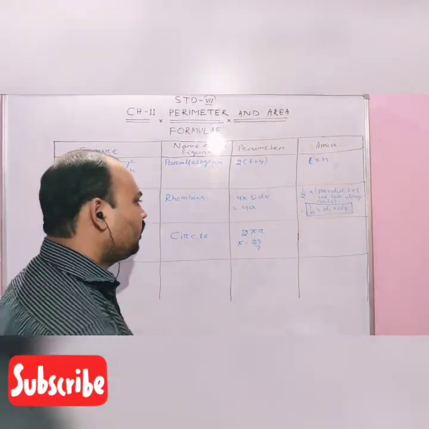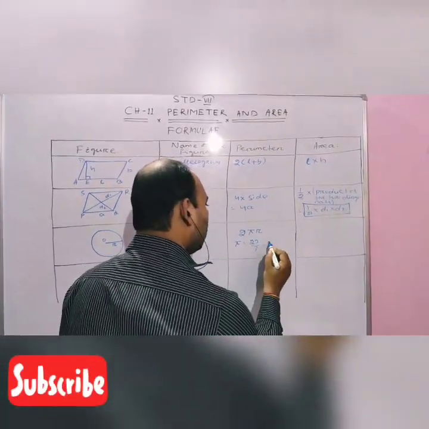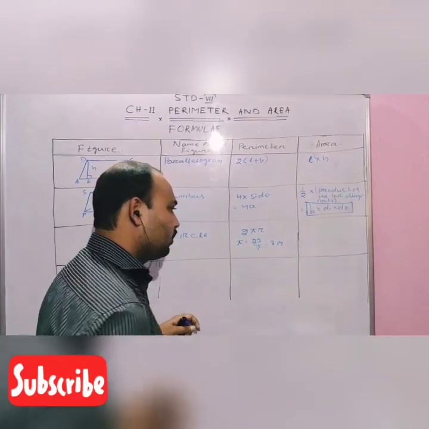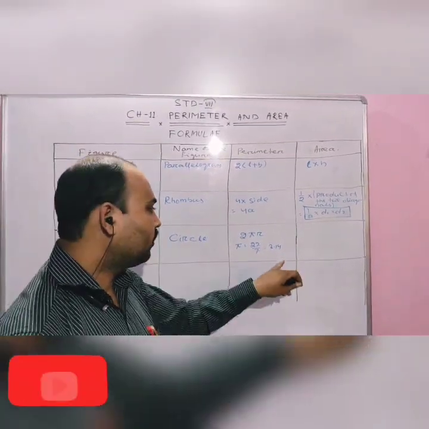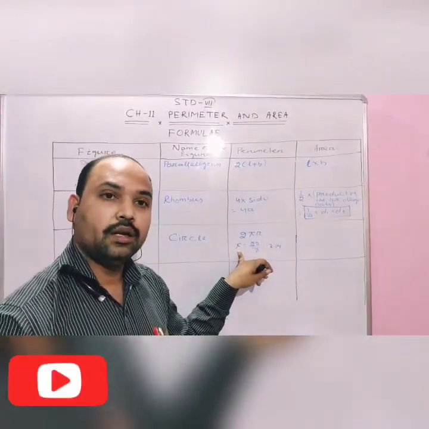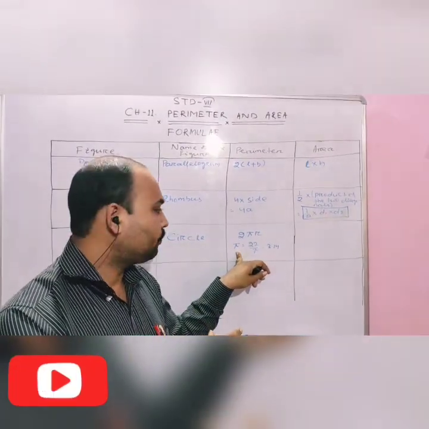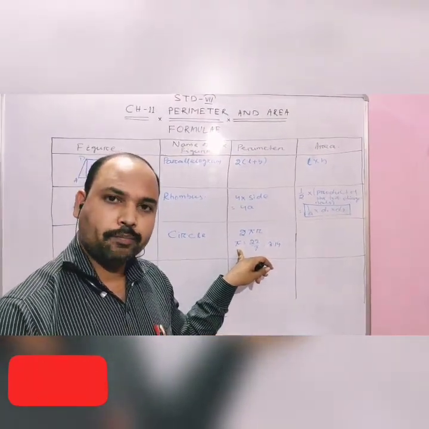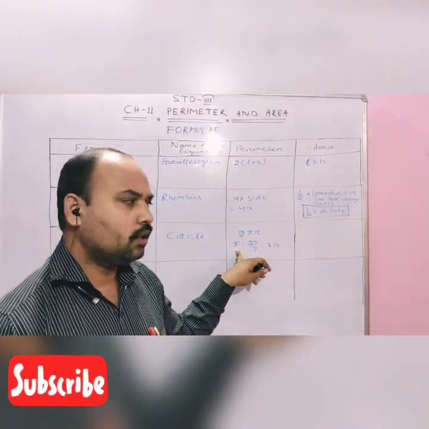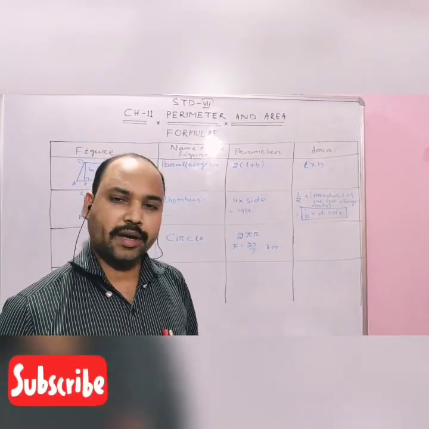Or in some places it is given as 3.14. If it is not given, then we take 22 upon 7. If a value is given, then we have to take that value only.